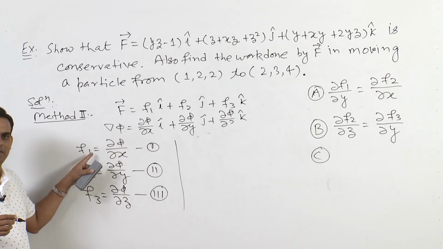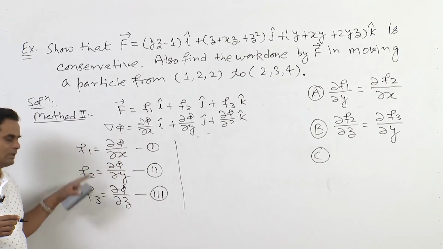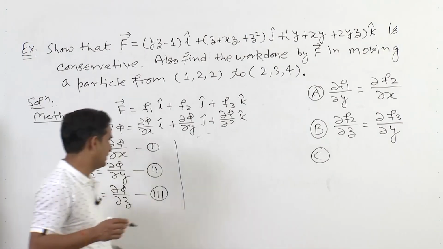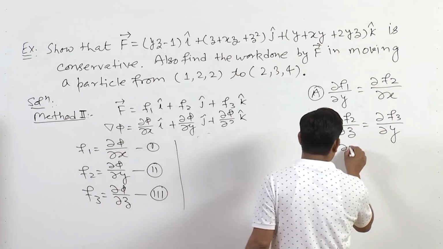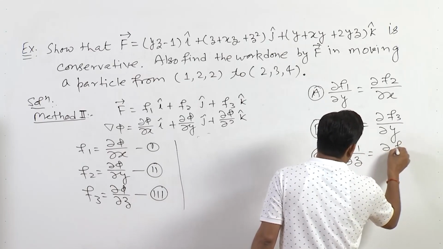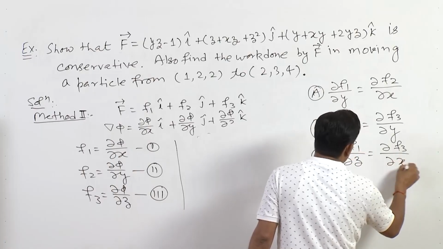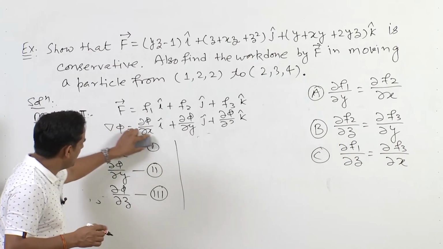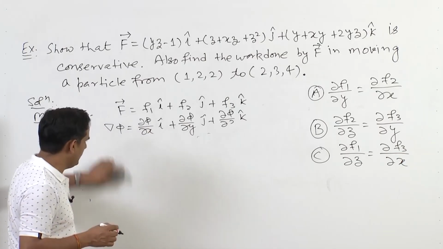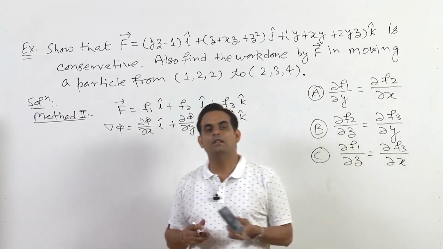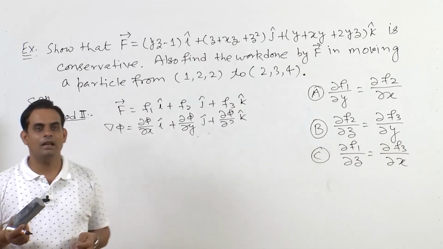You differentiate first relation with respect to z partially and the third relation with respect to x partially. So, what I will get, del f1 over del z equals to del f3 over del x. So, if the components of a vector field satisfy these three equalities, then the given vector field is conservative.